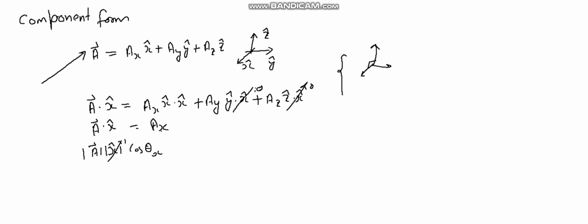Let me draw this: these are our axes x, y and z, and this is the A vector, and the angle between A and the x axis is theta x.